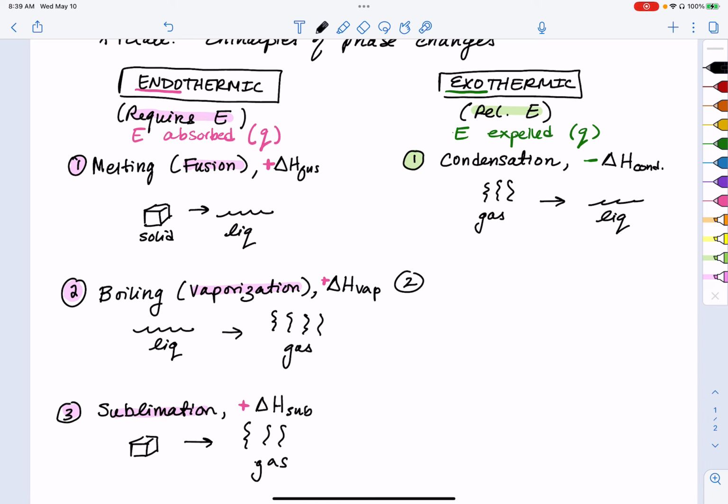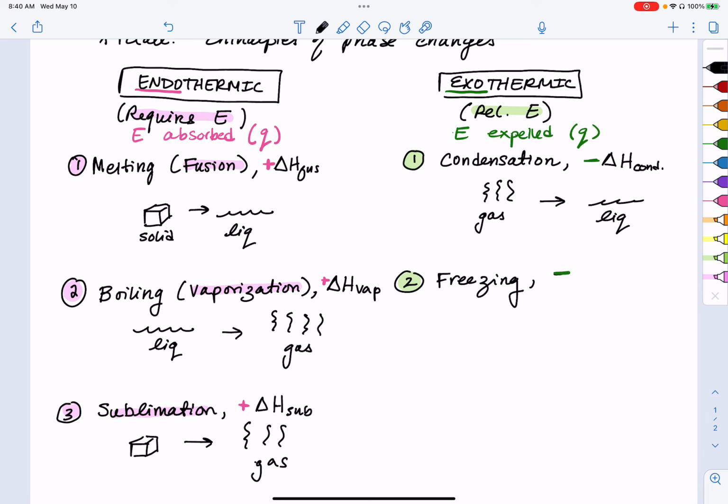Okay, let's look at our next exothermic. So our next highest energy phase to low energy phase transition. So we've done gas to liquid. That means we've got up next liquid to gas. Sorry, not liquid to gas, liquid to solid. So we call liquid to solid the process of freezing. And again, this is an exothermic process.